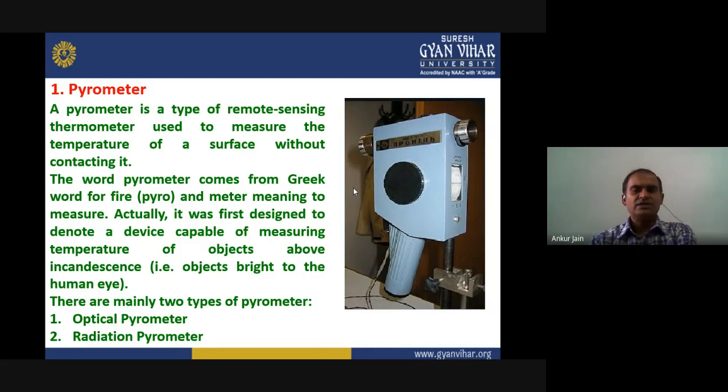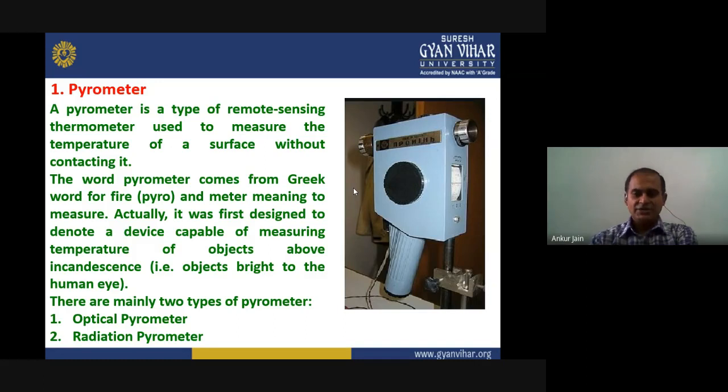In the Greek language, pyro means fire, and meter is quite normal, meant for measurement. So together, it is a meter which is used to measure fire or temperature. We can define a pyrometer as a type of remote sensing thermometer that is used to measure the temperature of a surface without contacting it.